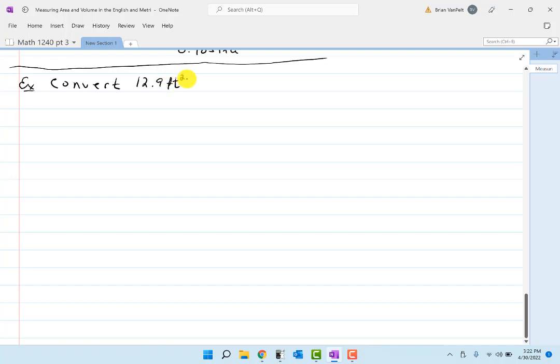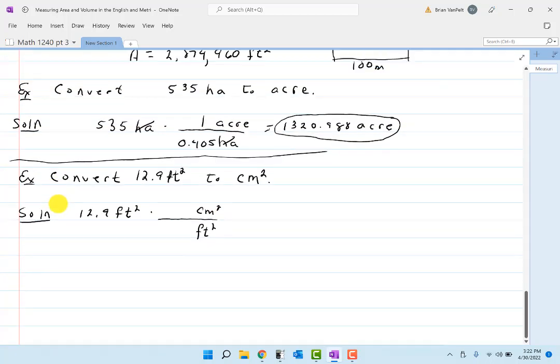Convert 12.9 square feet to square centimeters. If I luck out, there's a direct connection in that table.